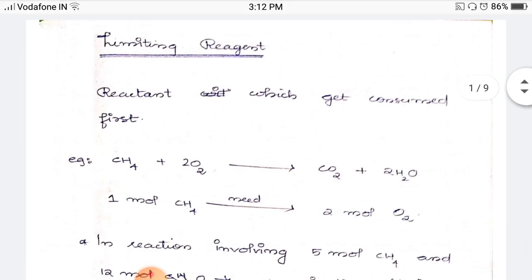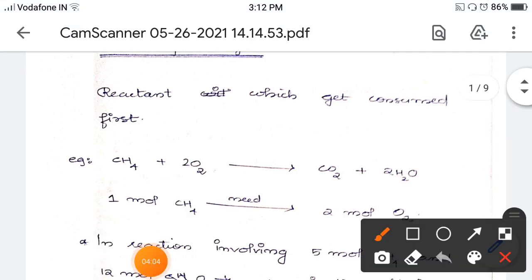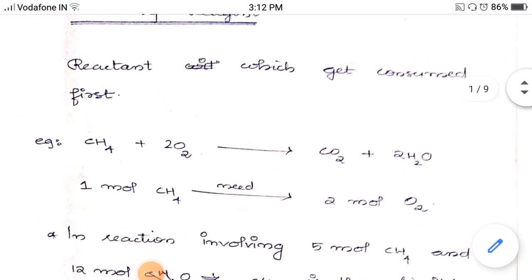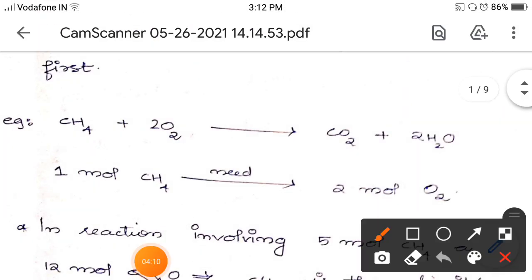The limiting reagent is the reactant which gets consumed first. Here we have a balanced chemical equation: CH4 plus 2O2 gives CO2 plus 2H2O. It is better to learn this equation by heart.